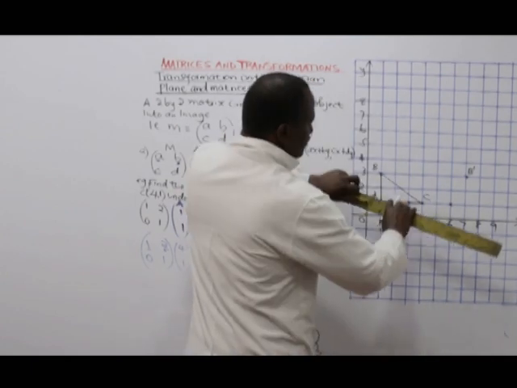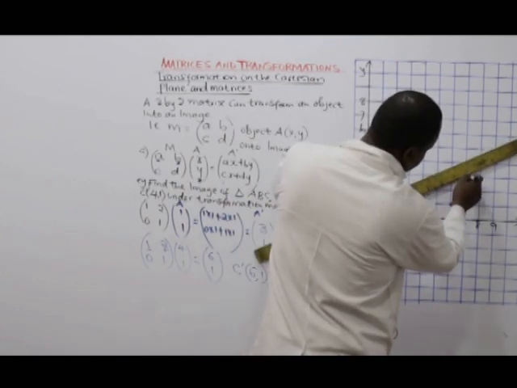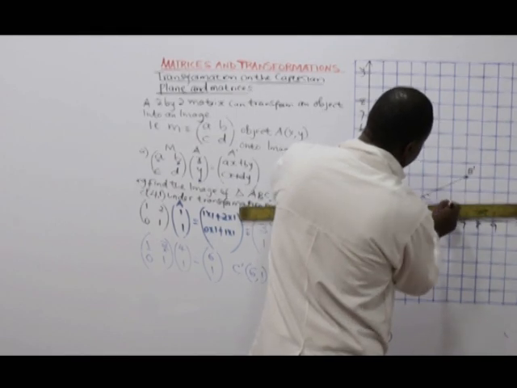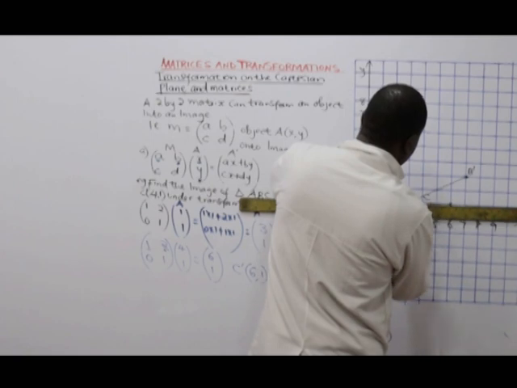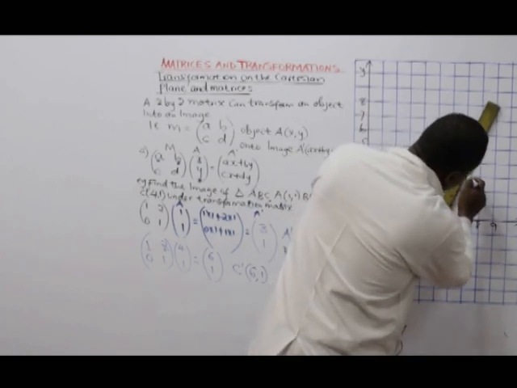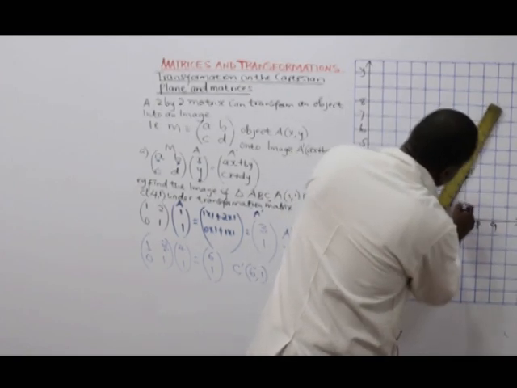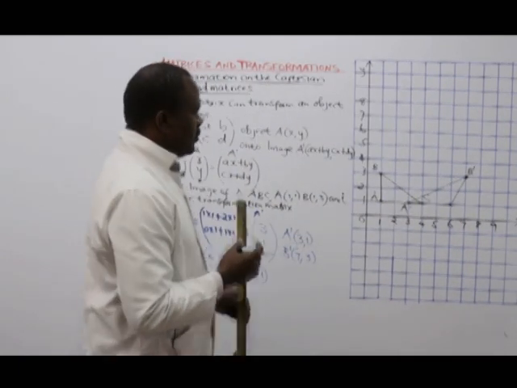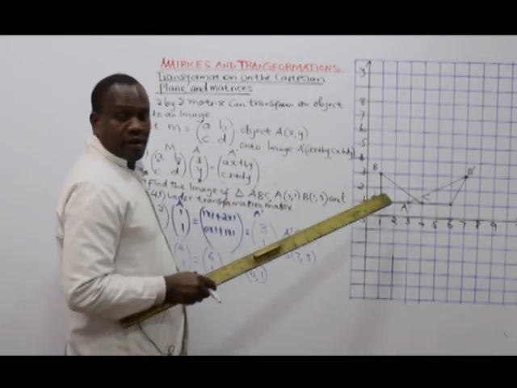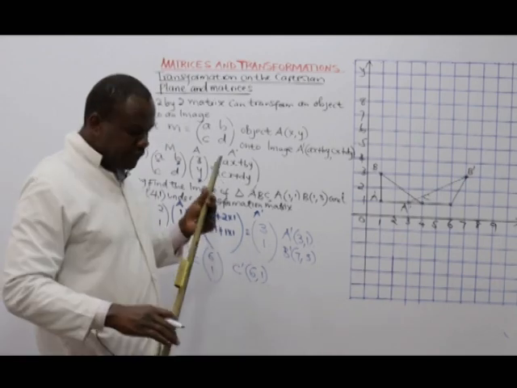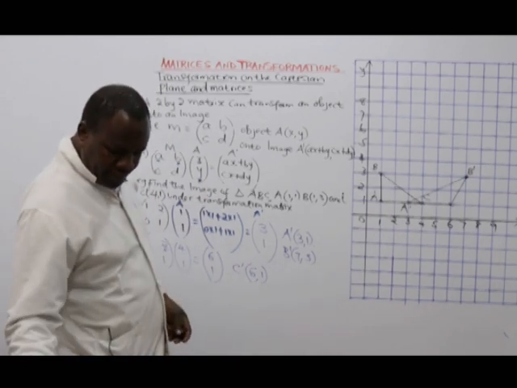So that is the image. That is the image of this triangle under this transformation matrix.